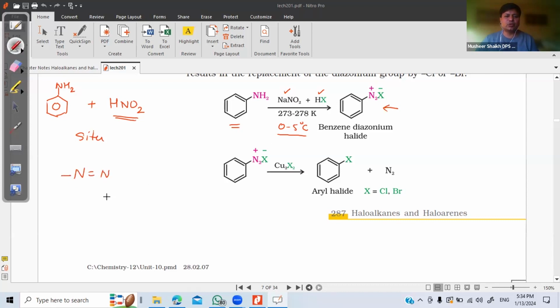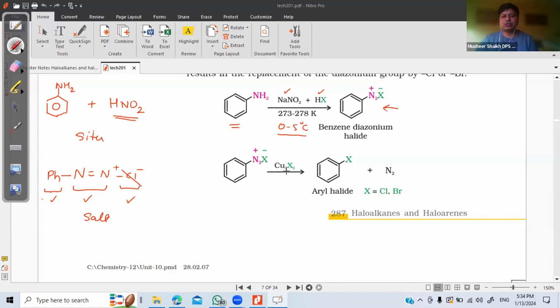This is diazonium chloride, this is the chloride, this is the diazo group, and this is benzene. So benzene diazonium chloride. If Cl is not there, we simply call it benzene diazonium salt, because it will have a positive charge.